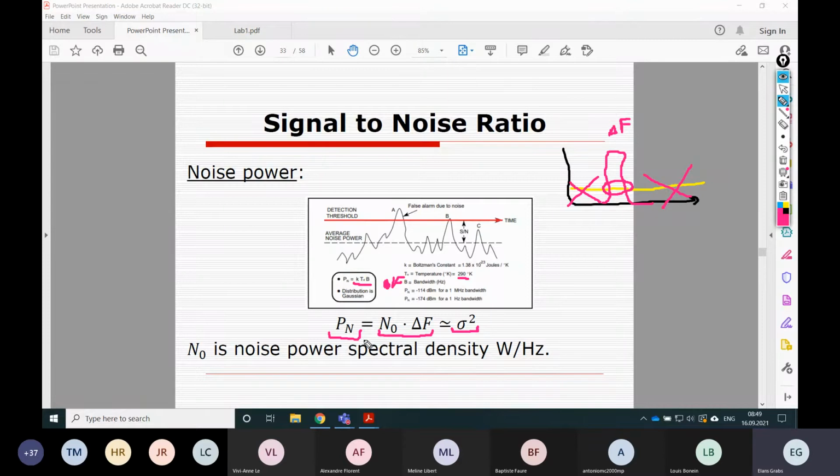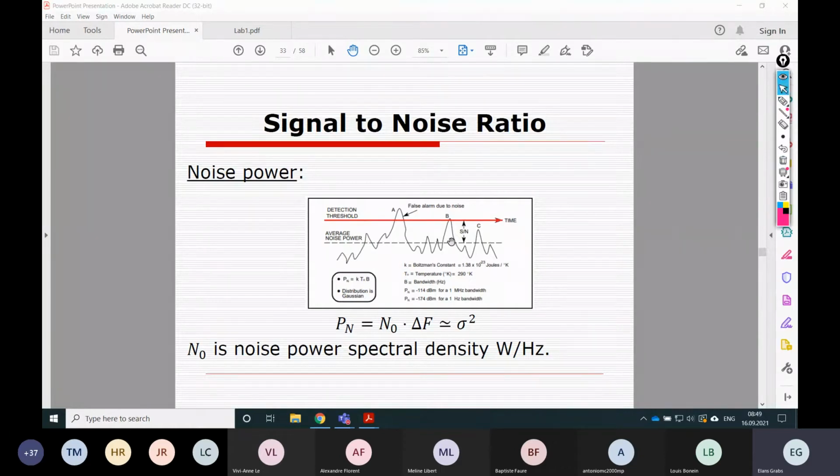And we can say, for example, that this N0 is k multiplied by temperature, and delta F is B. So the density measurement unit is watt divided by hertz. This is the power of the noise in 1 hertz.